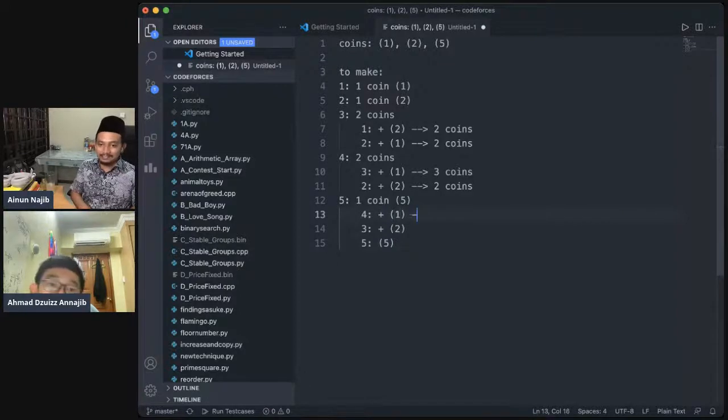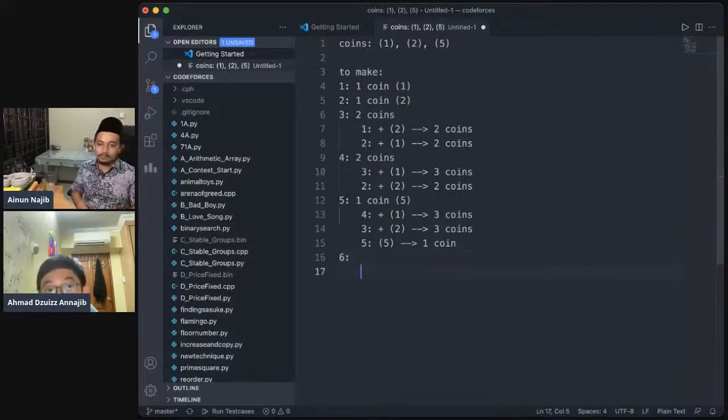This is 3 coins, this is 4 coins even worse, this is 3 coins too. But this one is only 1 coin. That's why the best is 1 coin. So for number 5, because 5 is one of the coins and it's very straightforward, you just use that coin.